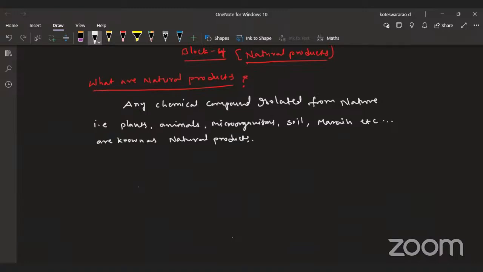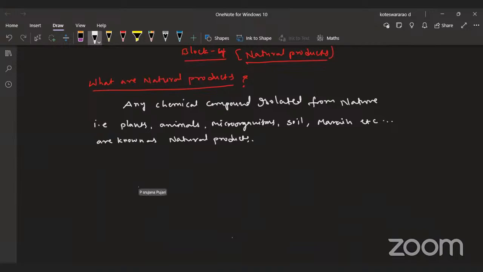In chemistry, natural products are very important and essential, because most of the drugs and medicines are developed based on natural products. Previously, we identified natural products with some physiological activity.